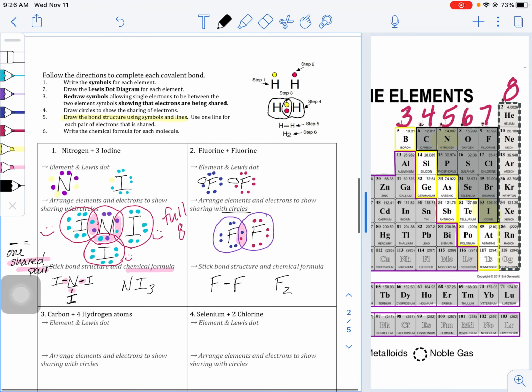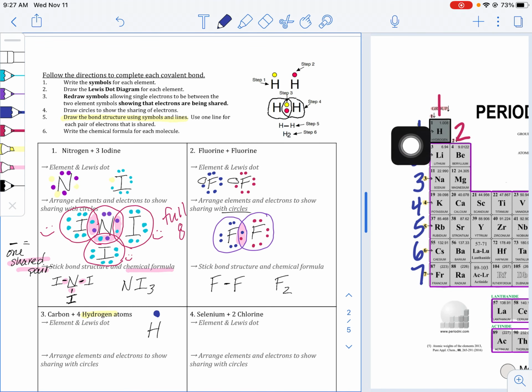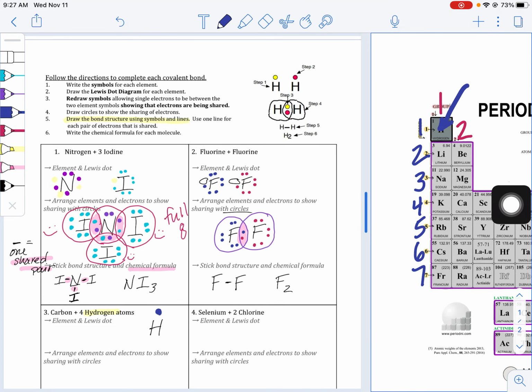So as you work through, you'll see a couple different elements here. Remember hydrogen, when you're working that one, it has 1 outer electron. It's way over here on the periodic table, 1 outer electron. But remember, it is a nonmetal, so it likes to gain.